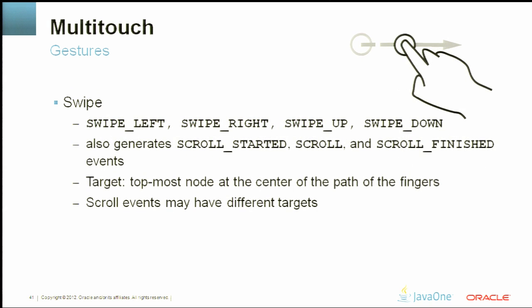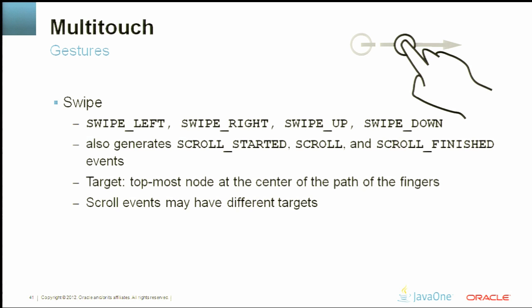And the last one is swipe event. The swipe gesture is different from all the other gestures in that it only generates one event for the whole gesture, and there are 4 events for 4 different directions, and also during the swipe, the swipe gesture also generates scroll events.